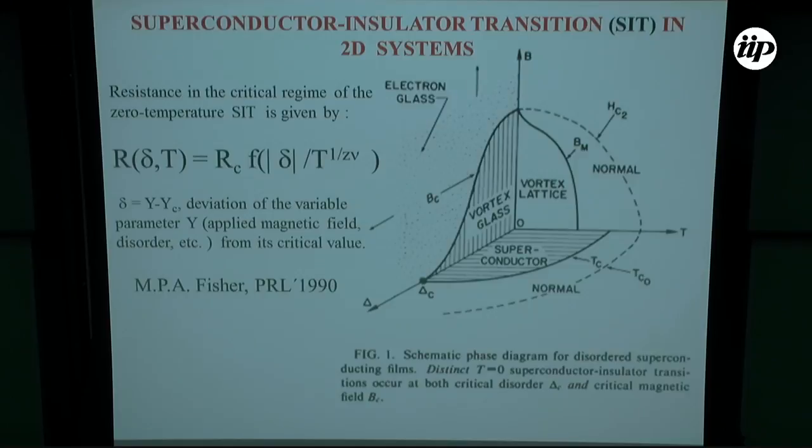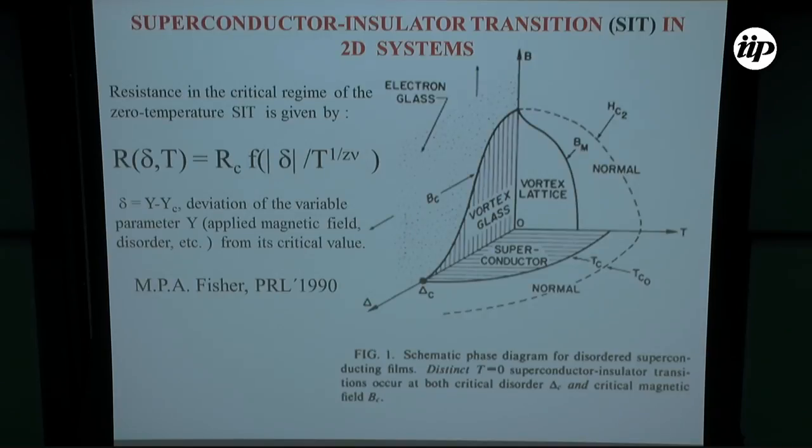Today you have already seen this phase diagram, introduced more than two decades ago by Matthew Fisher, discussing various transitions in two-dimensional superconducting systems. I will ignore the finite temperature possibilities.